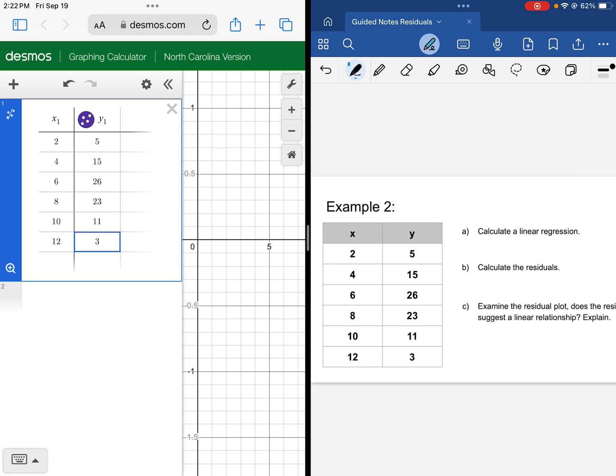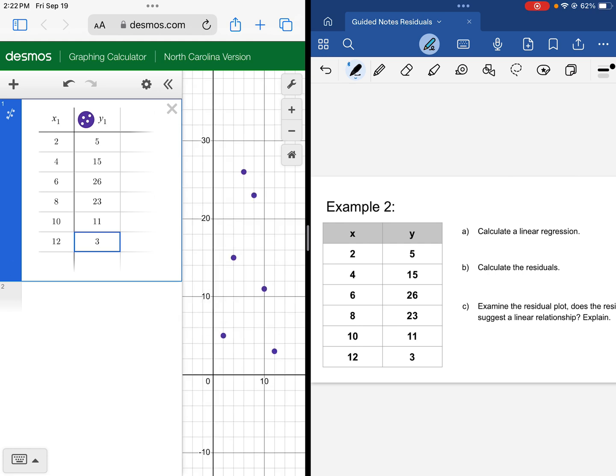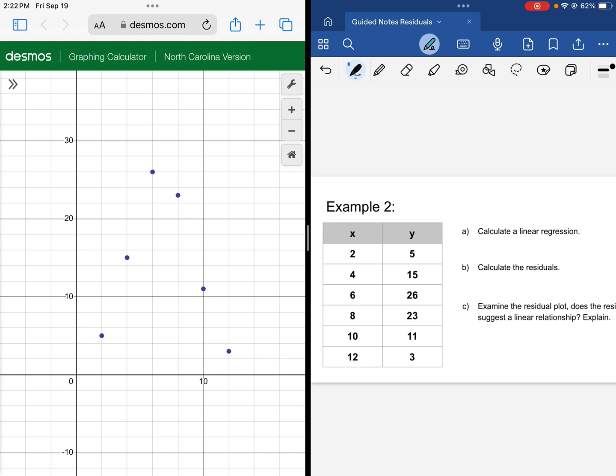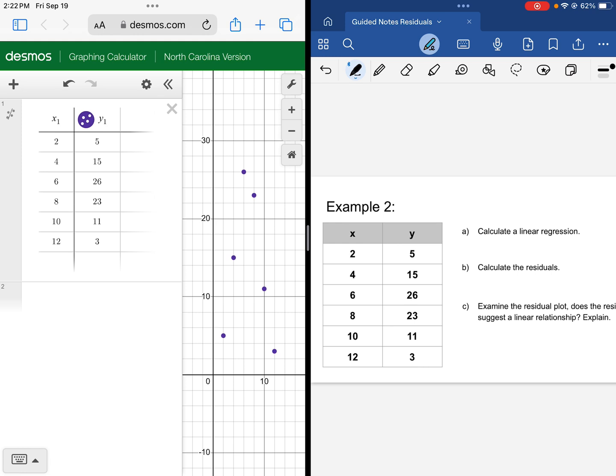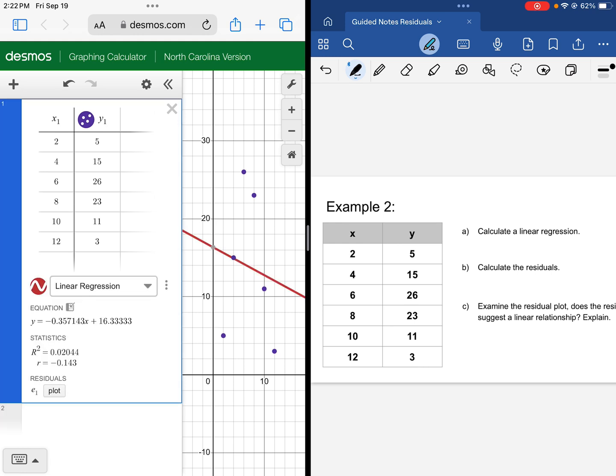And I'm going to hit my little magnifying glass so I can get an idea of what they look like. It then tells me to calculate the linear regression. And so here's our linear regression.